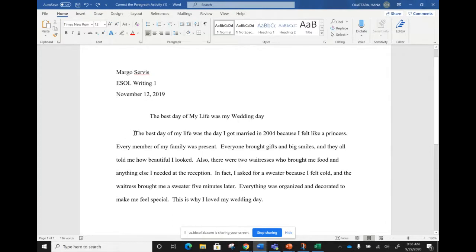So only the first line is indented. So that one is not along that left line. And then the title will have some space. Okay, I'm going to come back to the title in just a minute and talk to you about it. But you can see on the left side, it's all the way down the same line.